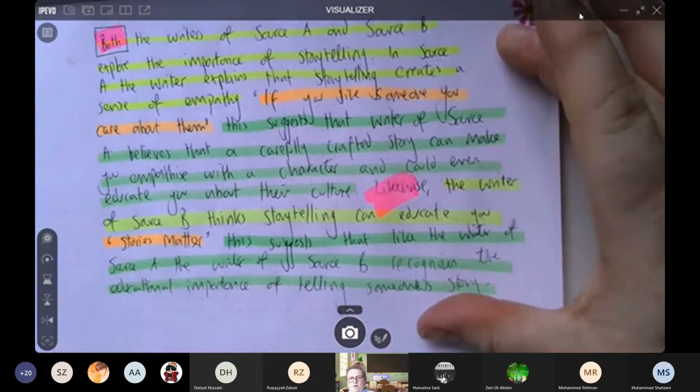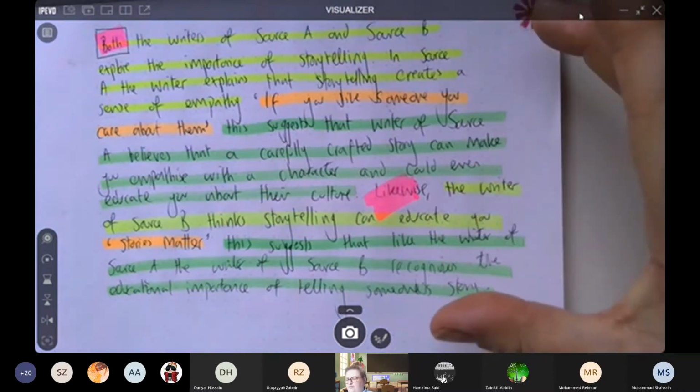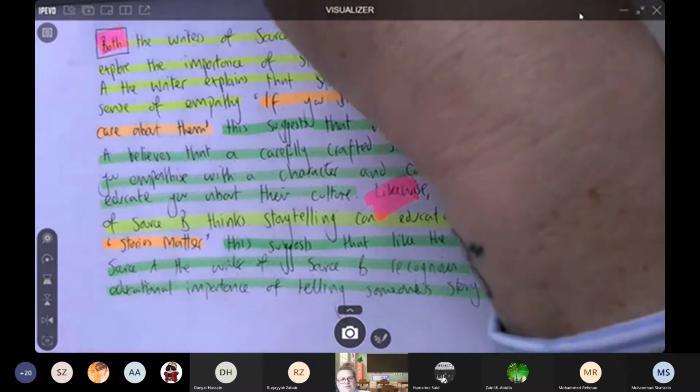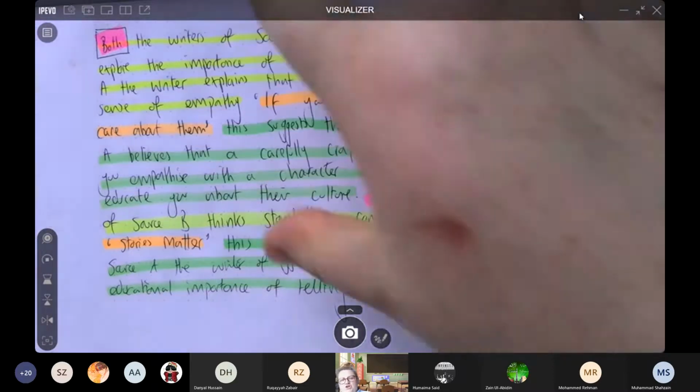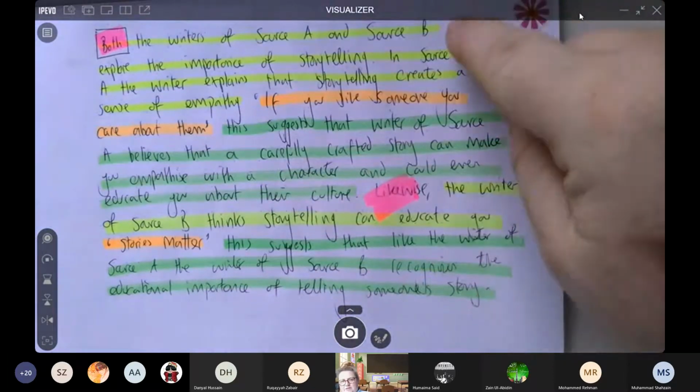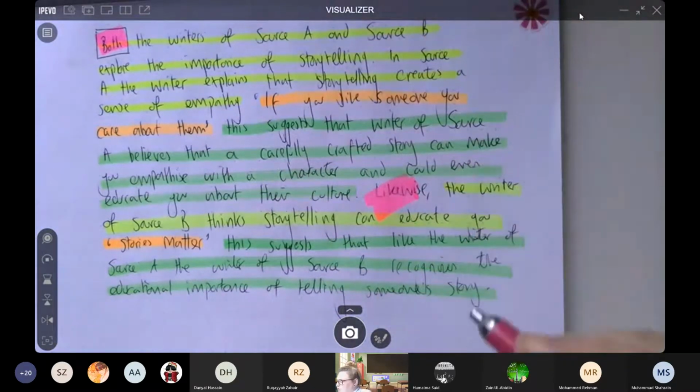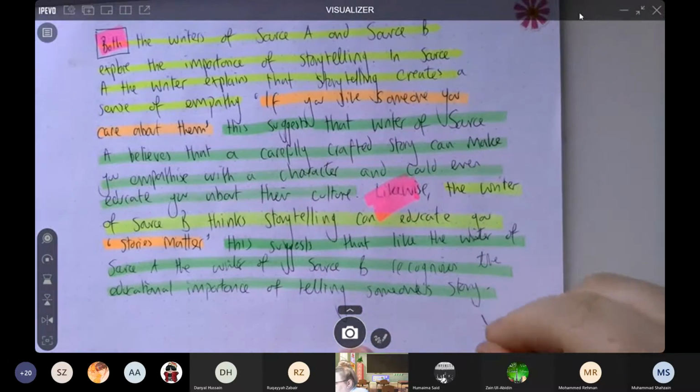That is one point, that's one paragraph that we've written. We've taken one point from text A and we've compared it to one point from text B. You need to do two of these, so this times two for this question.